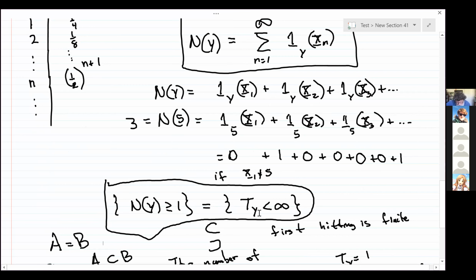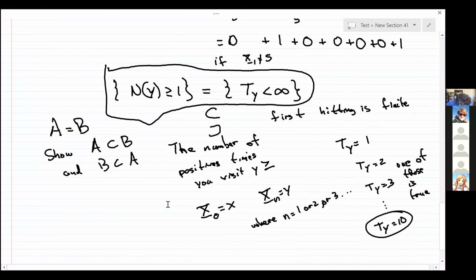So this is relating T_y, the first time you hit Y, with N_y, the number of times you actually visit Y. There's a relationship in this manner. Then they say, so here's a consequence of this. A note.